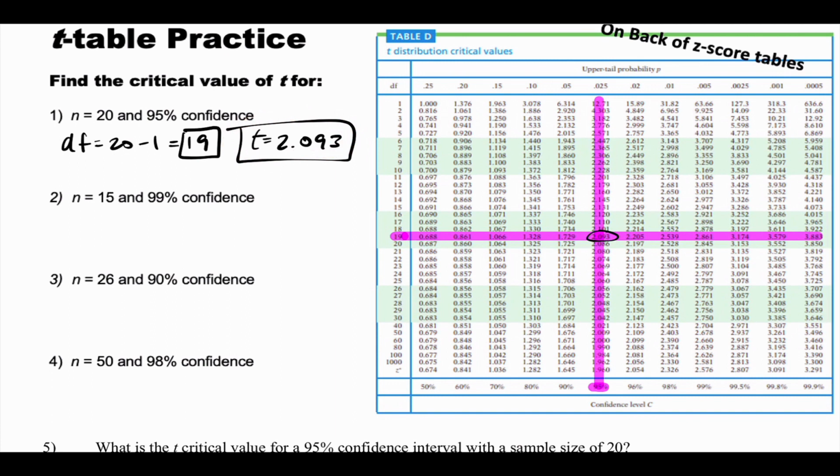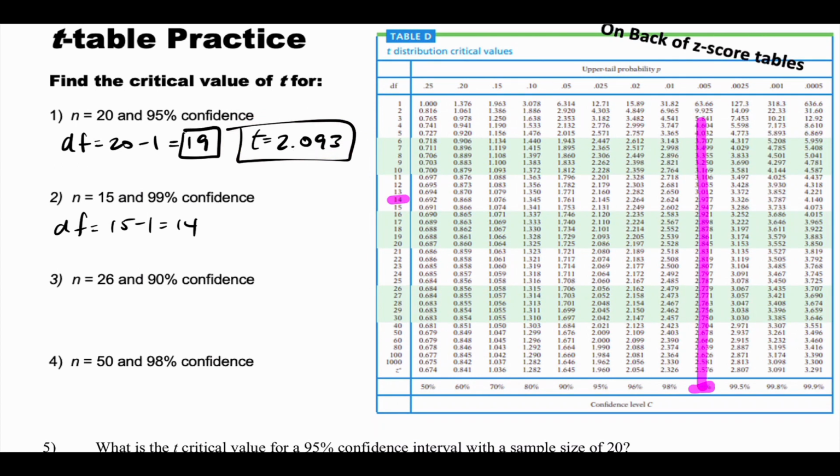Okay. All right, so let's do the next one. Next one is a sample size of 15. 15 minus 1 equals 14. 14 degrees of freedom. 99% confidence interval. 99, see 99's right there.